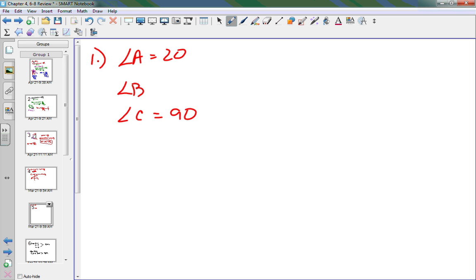Angle C is always 90. And B was what? 10. So now, I give you this information. Put it into your triangle. Here's 90. Here's going to be angle A, which is going to be 20.